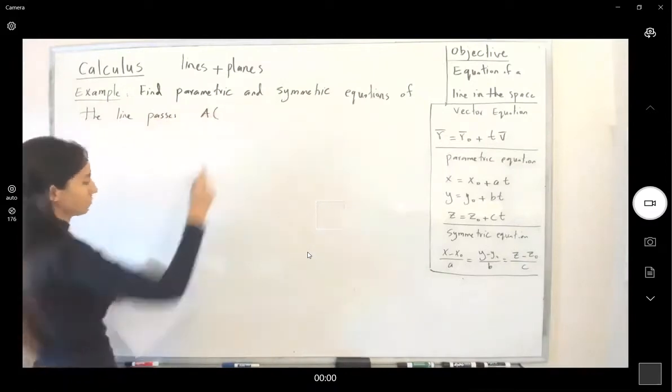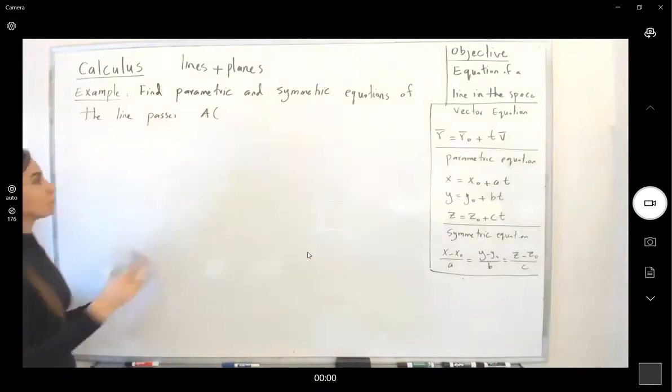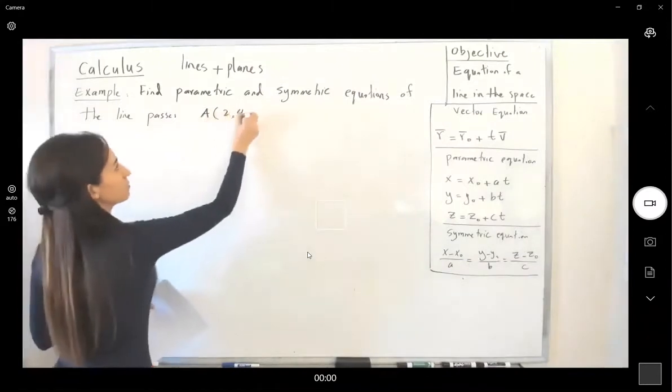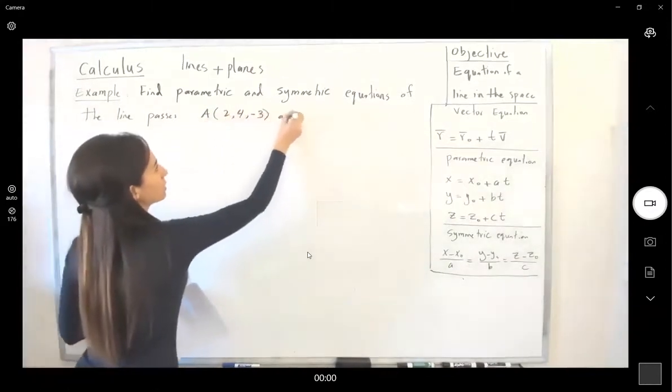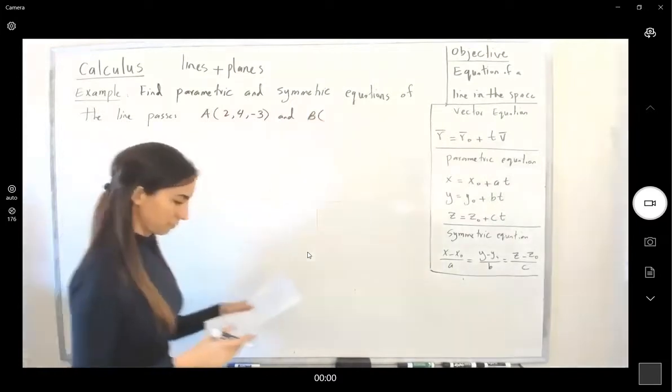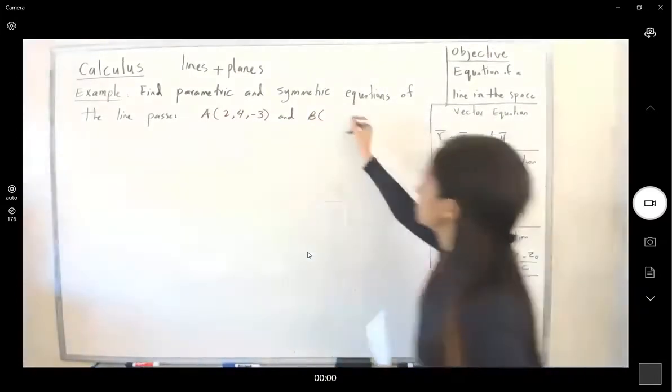First point A, you have (2, 4, -3). And the second point B is (3, -1, 1).